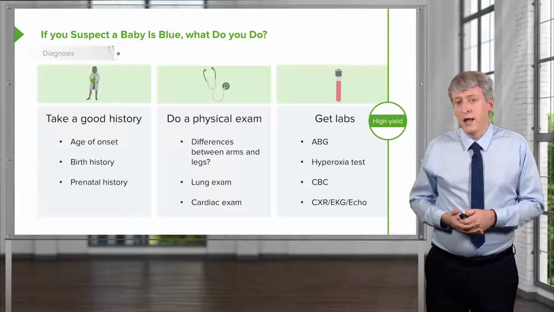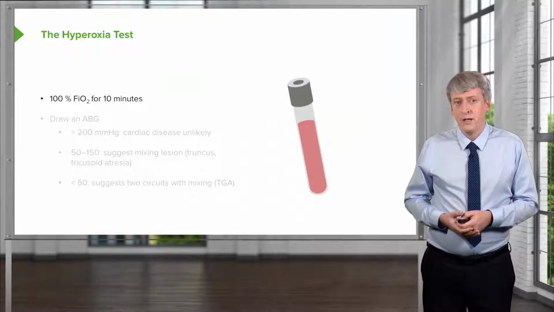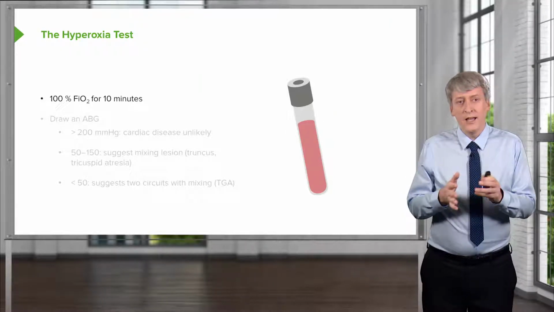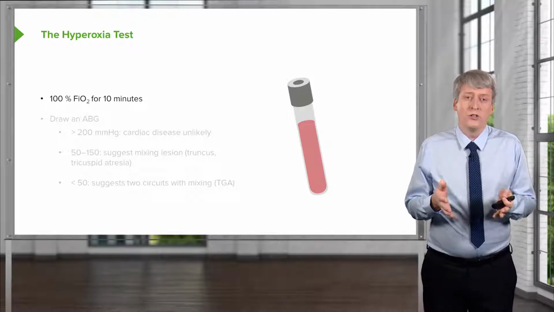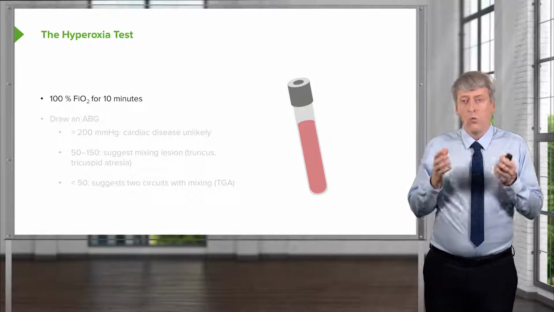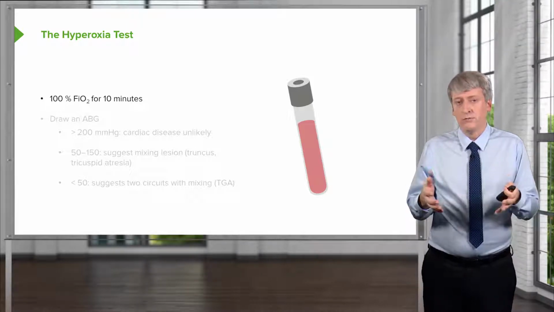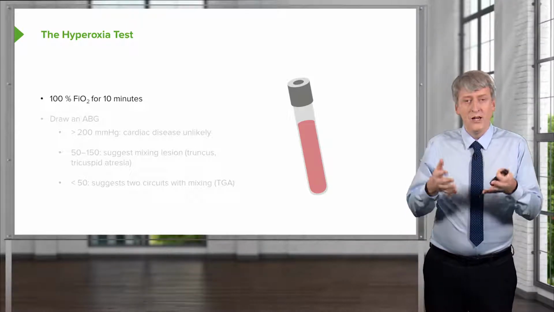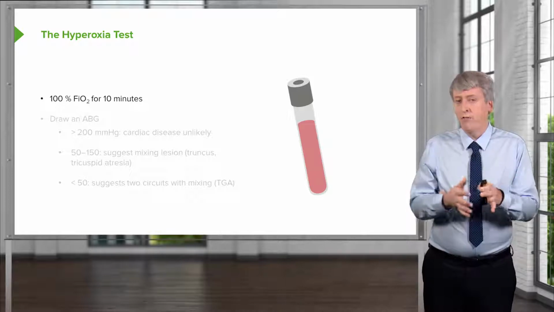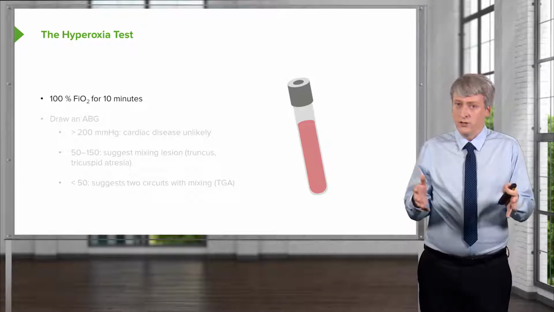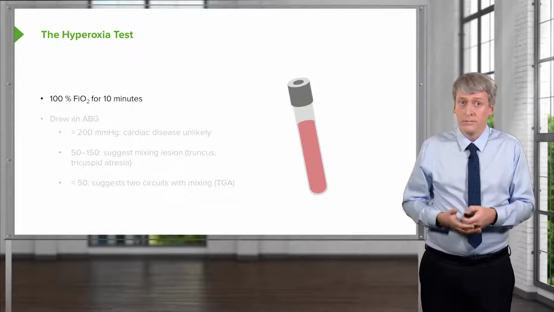Let's get back to that hyperoxia test for a minute. In the hyperoxia test, we're going to take the infant and we're going to place them in 100% oxygen for 10 minutes. We're essentially going to try and hypersaturate the blood with oxygen. The goal is, in a normal baby, to make sure that every single red blood cell's ability to bind oxygen, all those ions are all bound.